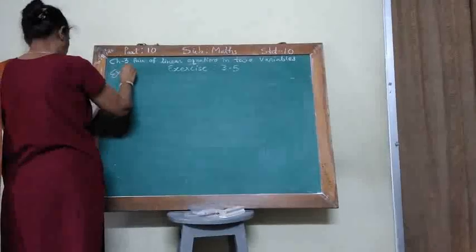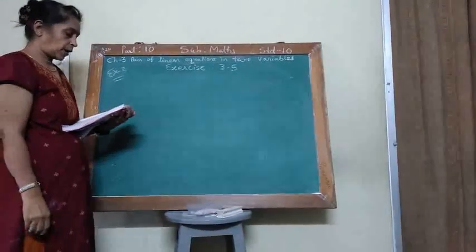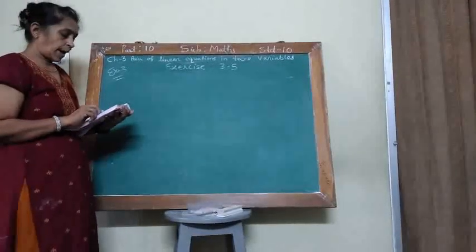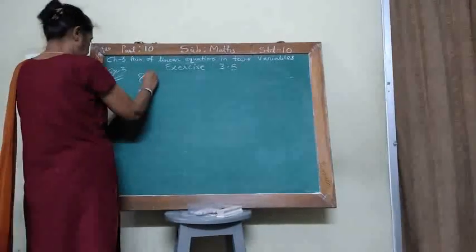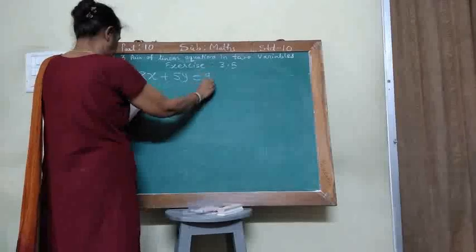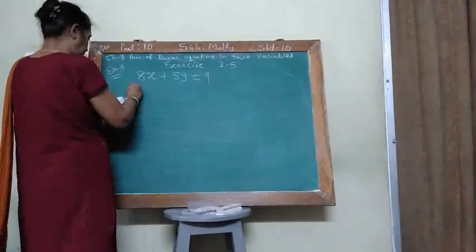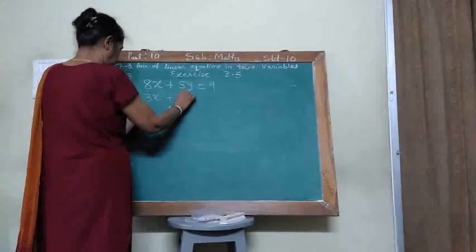Example 3. They say, solve the following pair of linear equations by the substitution and cross multiplication method. The substitution method I leave up to you. You have to do exercise 3.3, no? In that I have explained the substitution method.